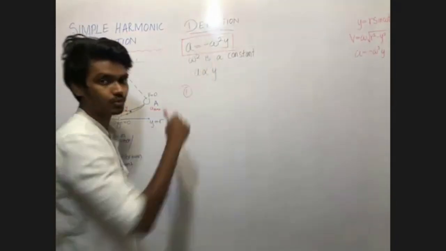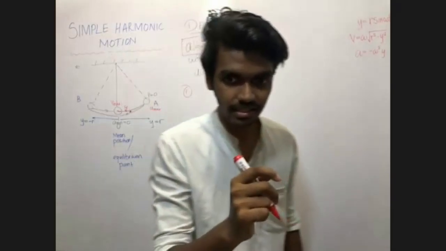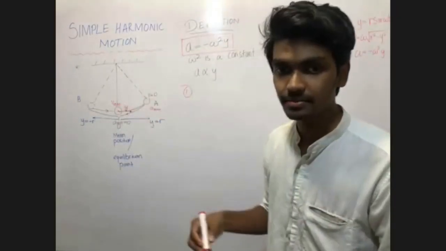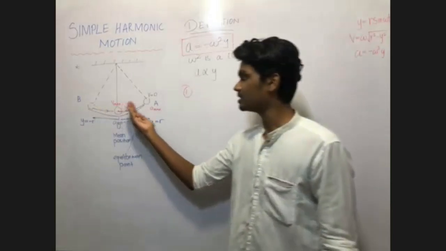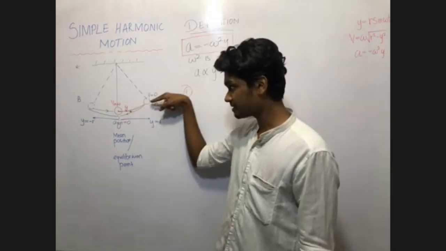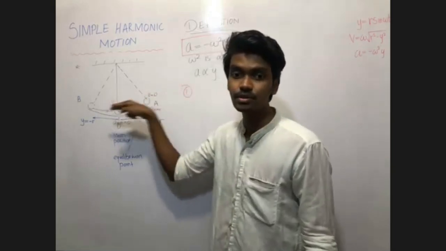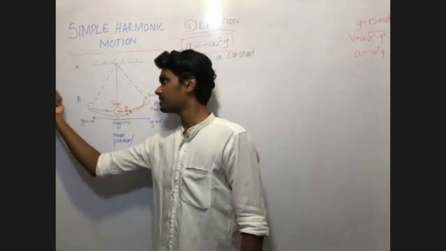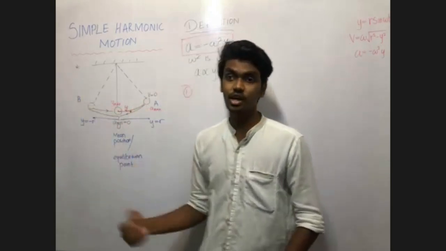This minus denotes what? The acceleration is always directed towards the center. If it moves in this direction, acceleration towards the center. Once again, when it is coming in this direction, acceleration towards the center.